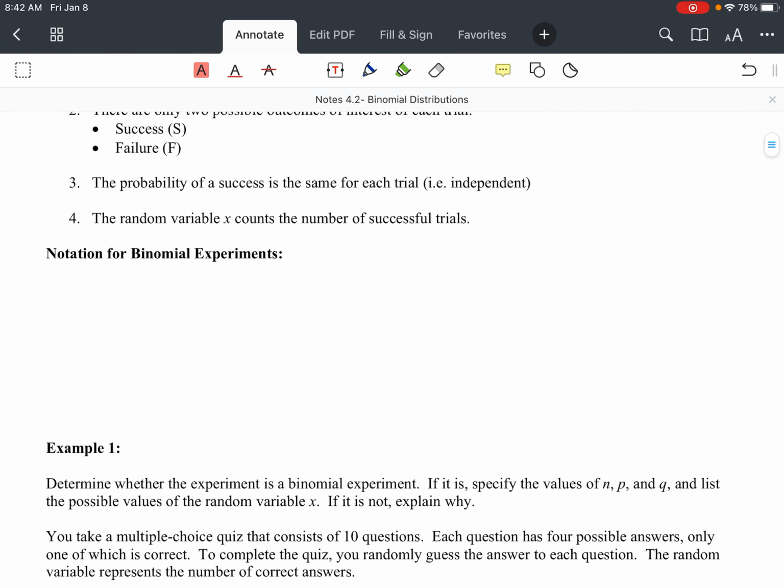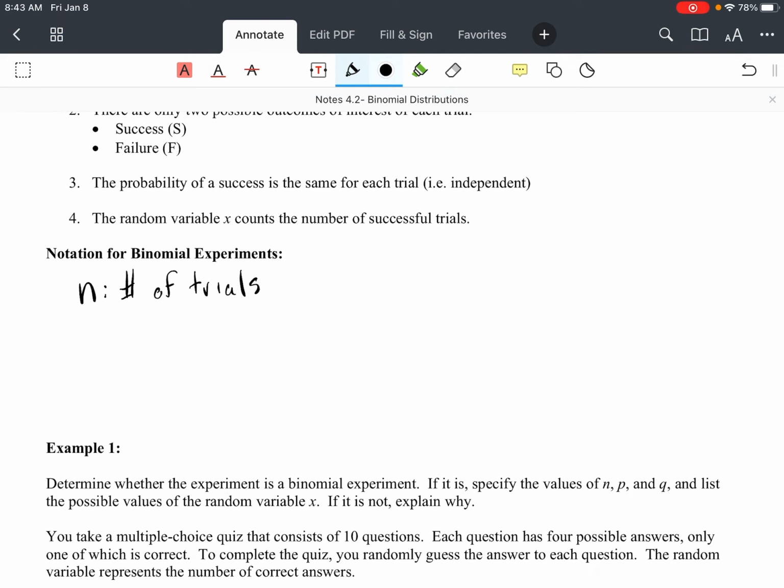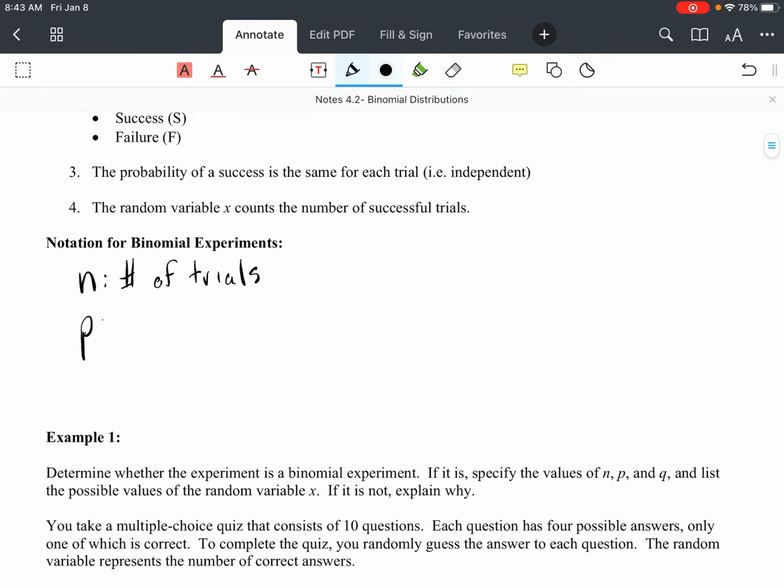Okay, before we go further, I want to talk about some different notation that we're going to be using. A lot of this notation we've actually used before. For example, n represents the number of trials, the number of trials that we've gone through.